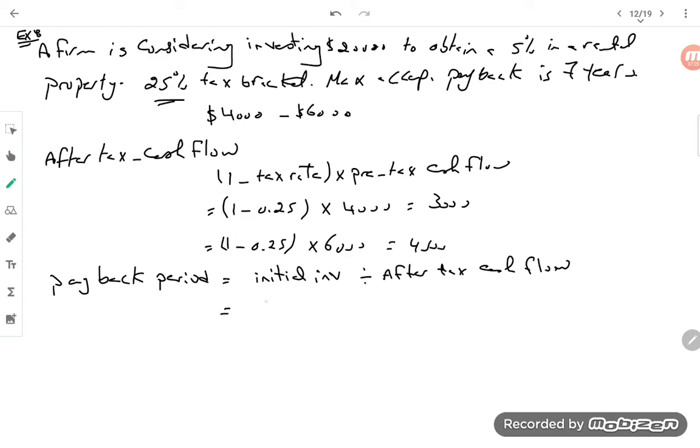So for case number 1, it's 20,000 divided by 3,000, it's 6.67. And if income received is 4,500, it will be 20,000 divided by 4,500, which is 4.44 years.